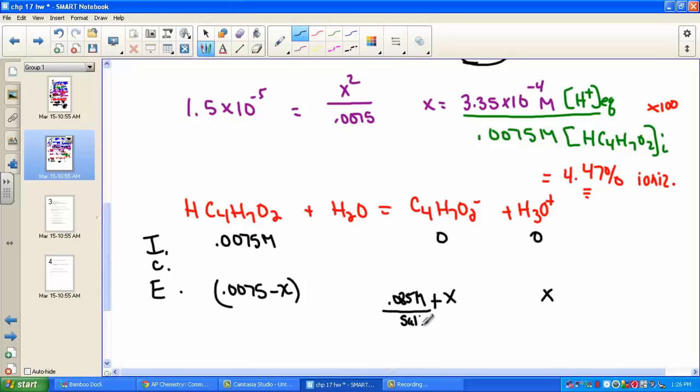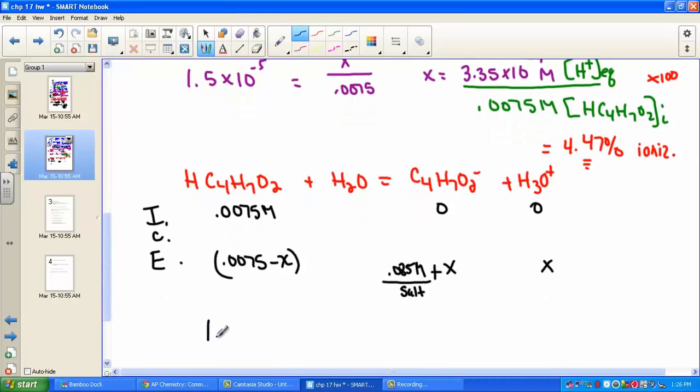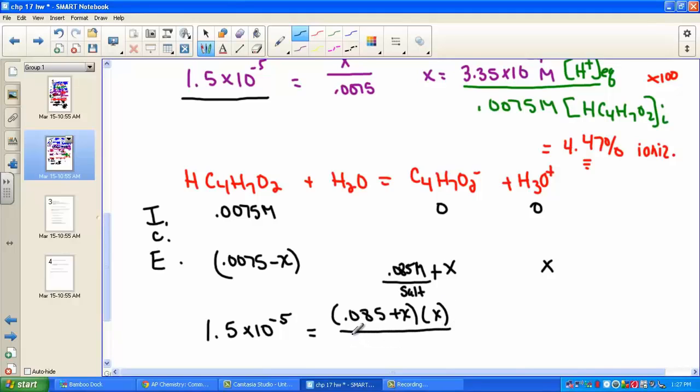This is from the salt that is in common with the acid. What happens to the ionization? Well, here's that Ka, 1.5 times 10 to the negative fifth. We looked that up here. That's the Ka for butanoic acid. Set equal to 0.085 plus X times X over 0.0075 minus X.